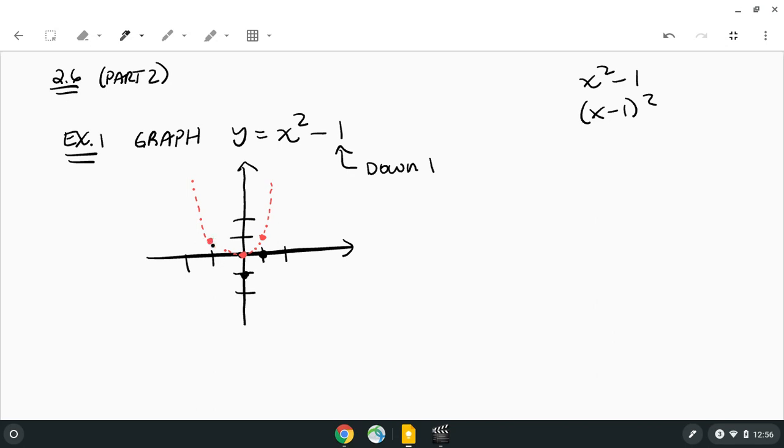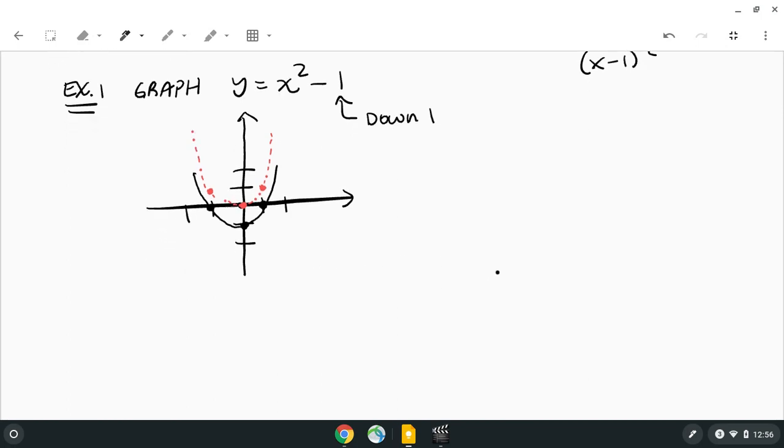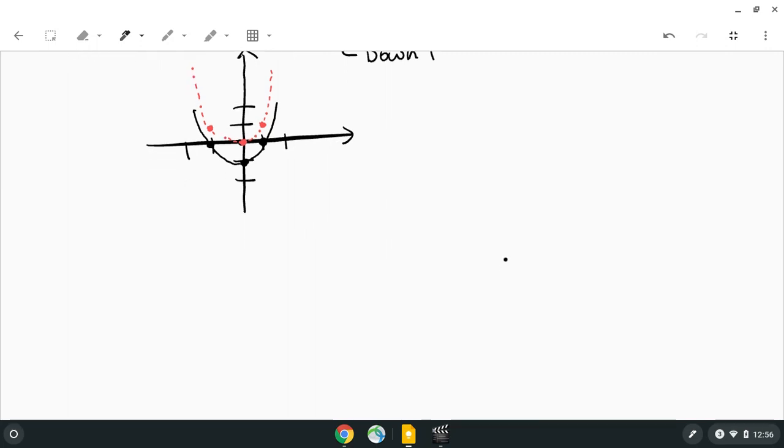And this point will shift down 1 to right here. So this graph is now the graph that we want, x squared minus 1, which is parent function x squared shifted down 1. Okay, all right, let's take a look at another one.